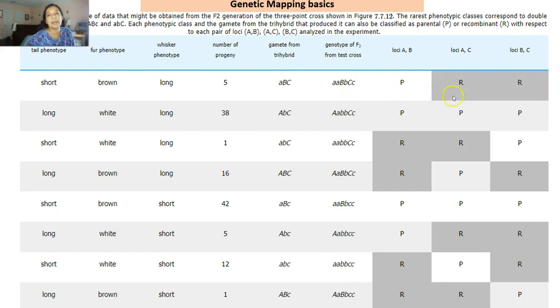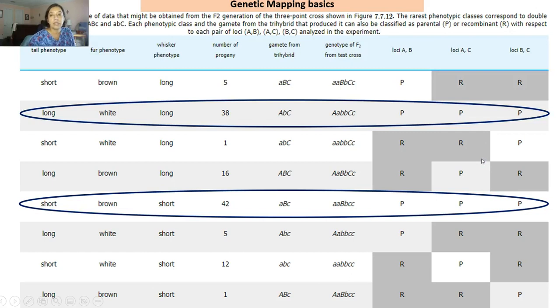And you would write that in. Here you can see that for the first one, it is a parental between A and B, and a recombinant for the other 2. So it's a double recombinant. If all 3 are parental, then that's a parental. If there's only one recombinant and the others are parental, then it's a single recombinant.